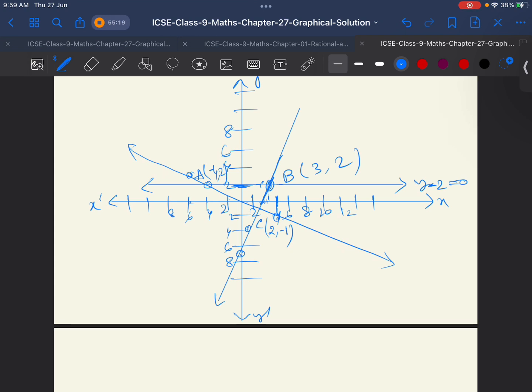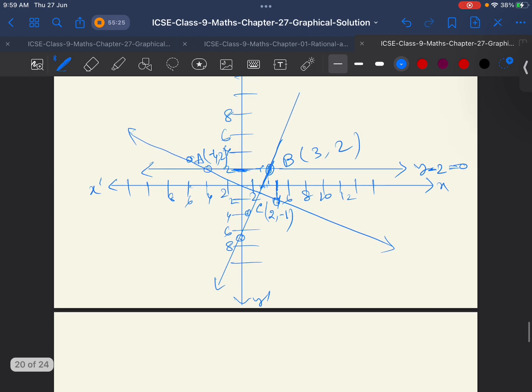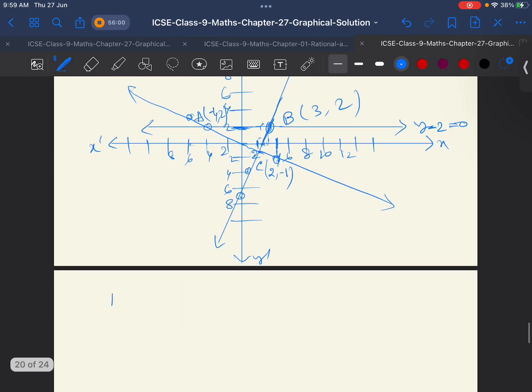This is the point. Minus 1 point is here.